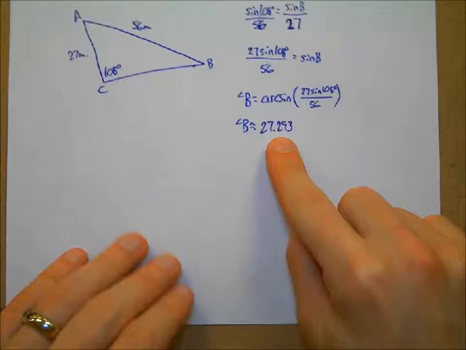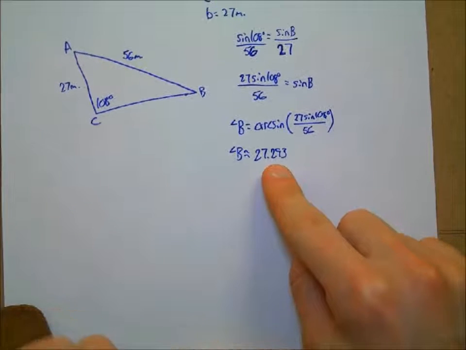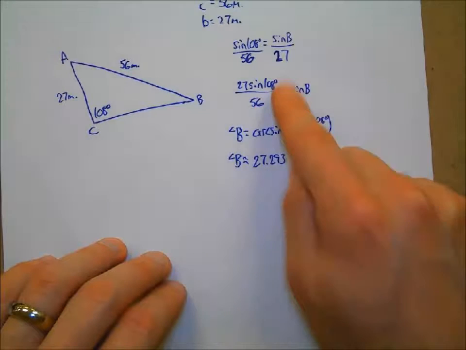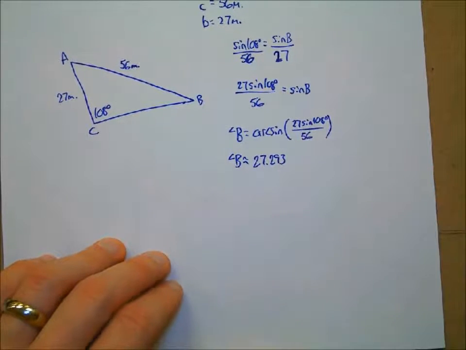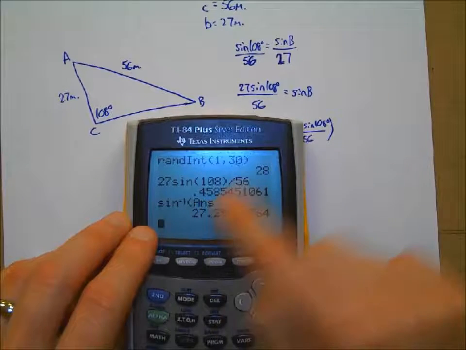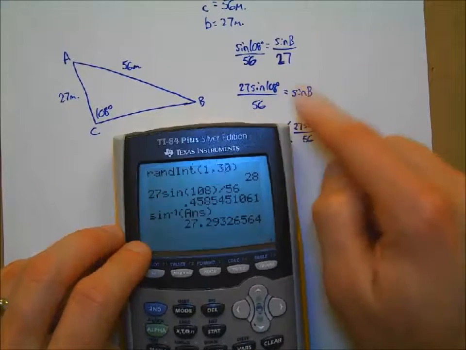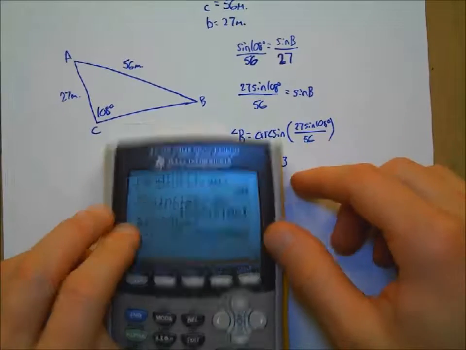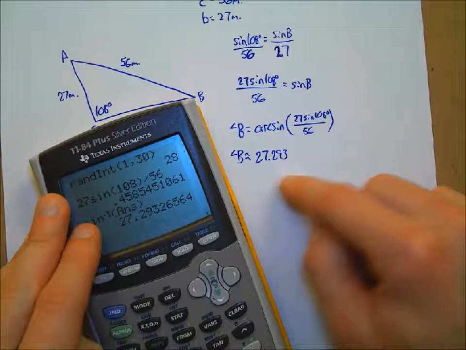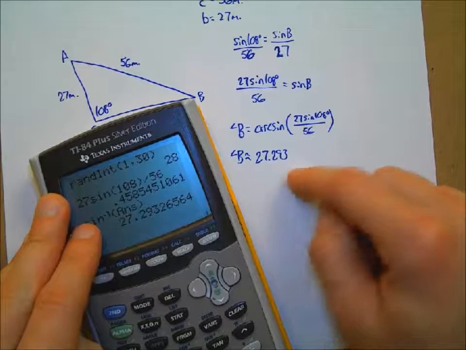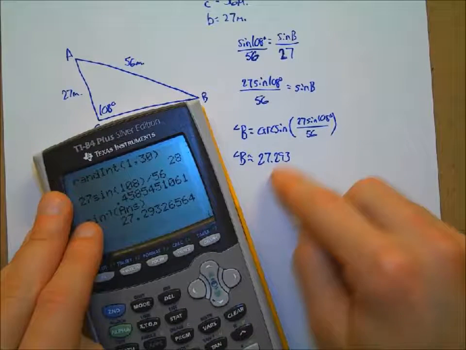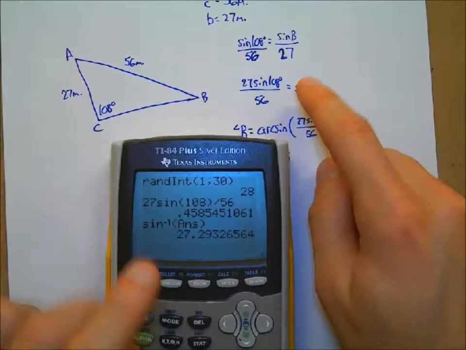All right. So again, we're trying to figure out sine of what angle gives us this positive ratio of approximately 0.458. Okay, so we're solving an equation here, and we get 27.293, which is an angle in what quadrant? Quadrant 1, right? First quadrant. Now, sine of this angle is going to be a positive ratio.